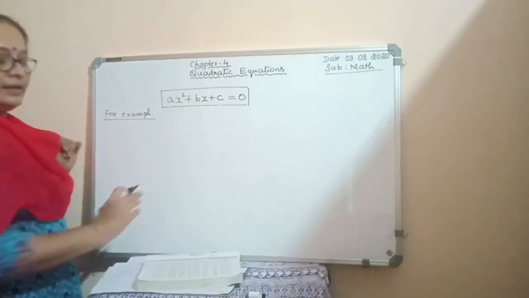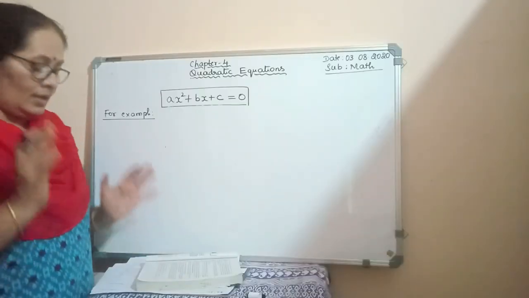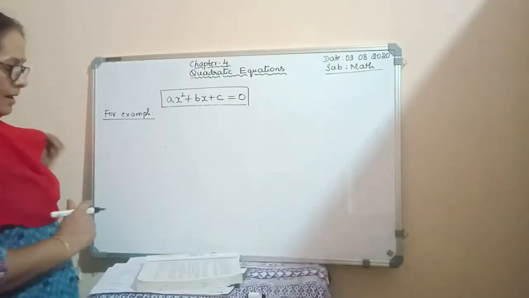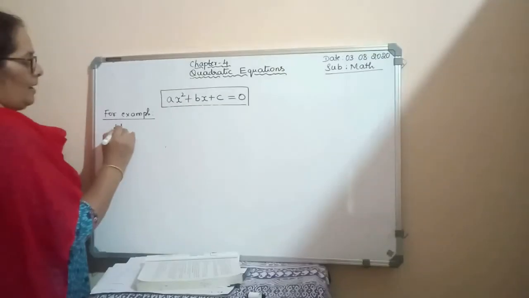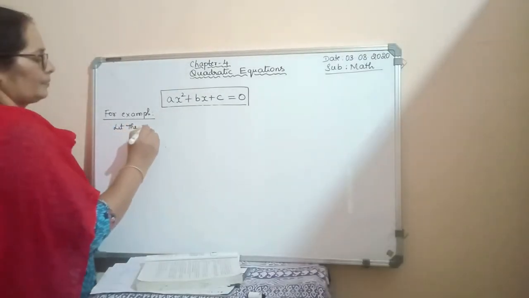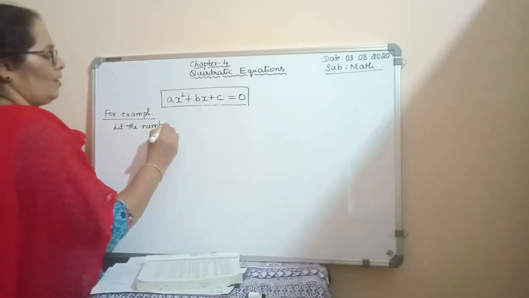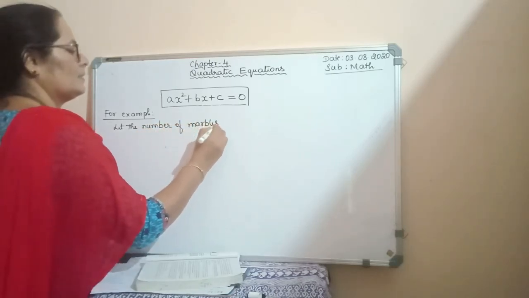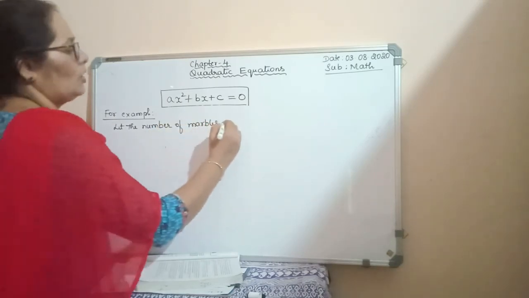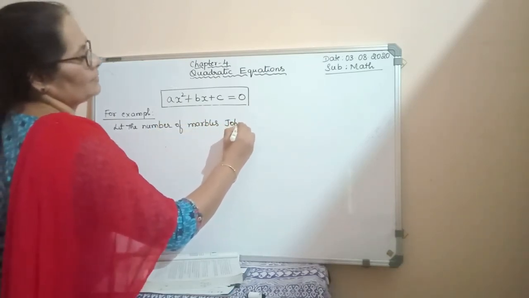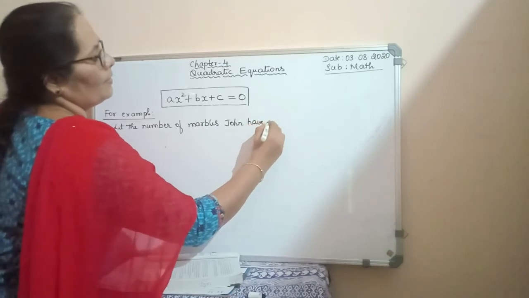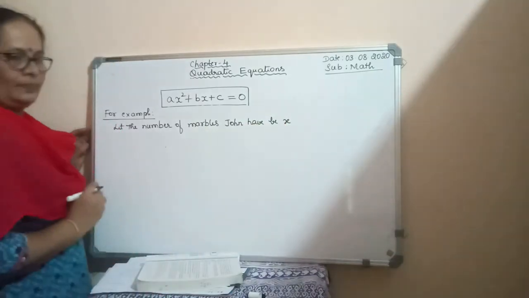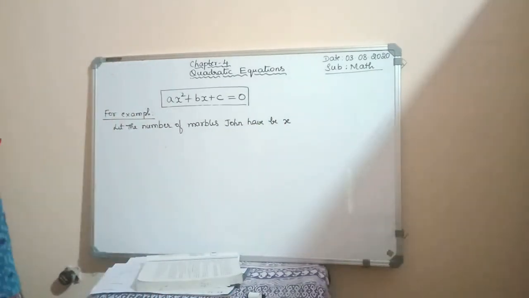Now together they have 45 marbles. Let the number of marbles John had be x. Then what about Jeevanti?